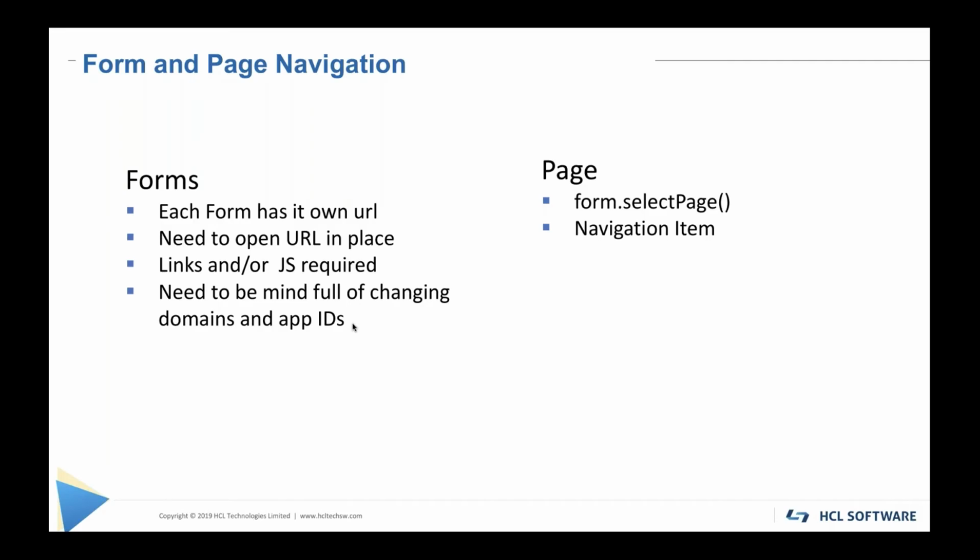All right. So what you want to do is, for the experience, you want to open it in place. Well, how do you do that? Well, you can do that with links, where links are open in place. You can also do it with JavaScript. But one of the things that you need to be mindful of when you're building form-to-form navigation is the URL.